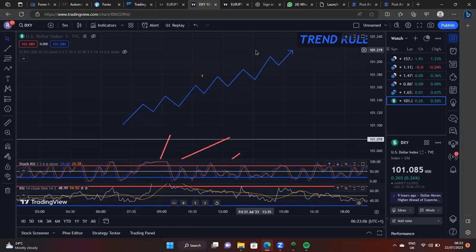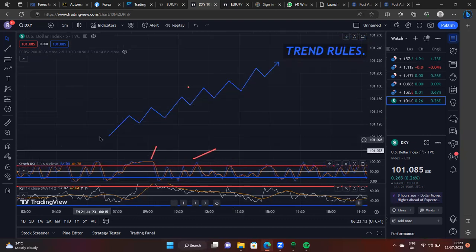It must be moving upward. Therefore, we call this exact pattern for an uptrend a higher high and a higher low.